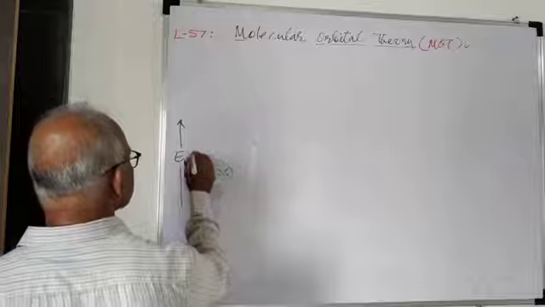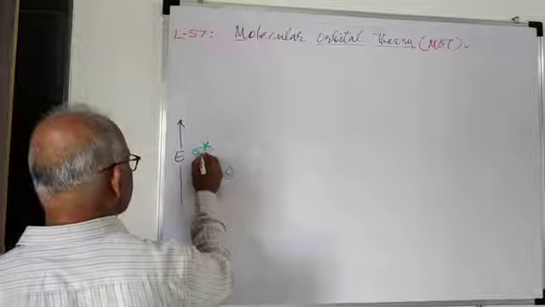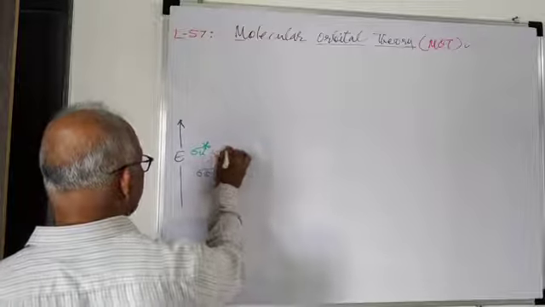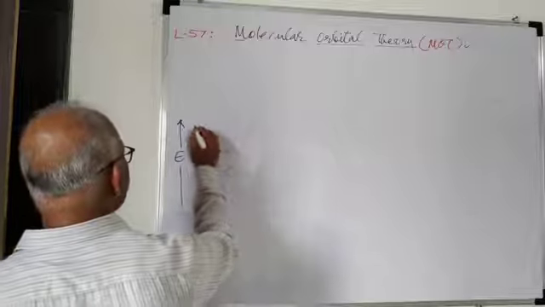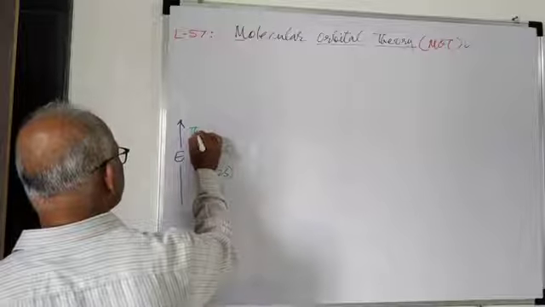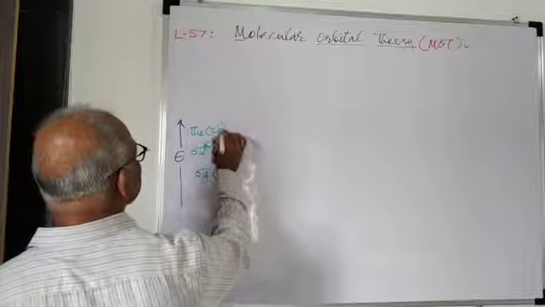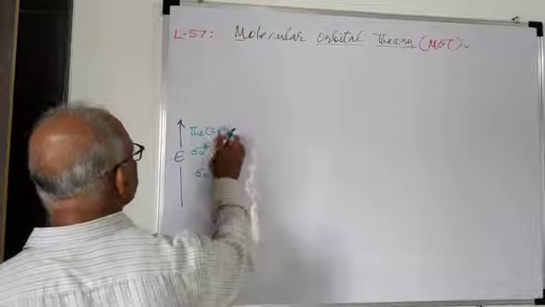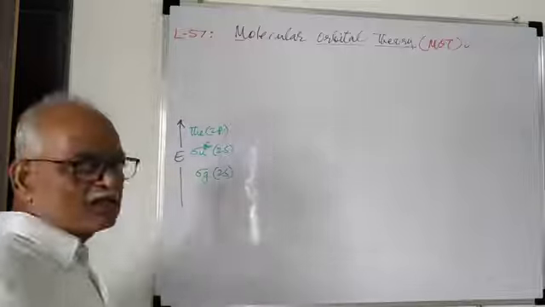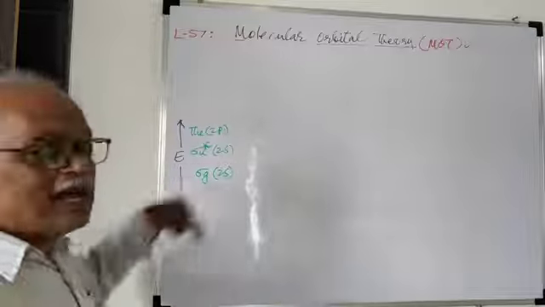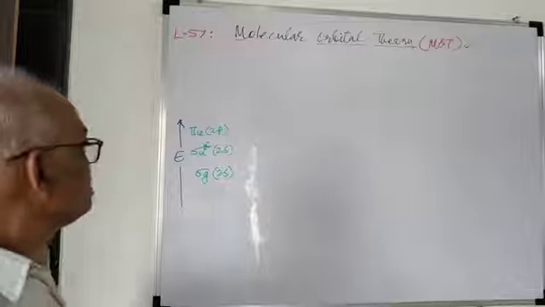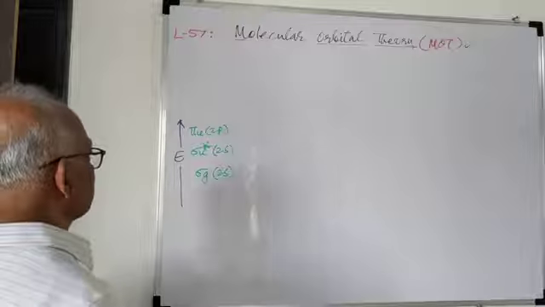Then we will have sigma u star 2s. Then we will have this pi u 2p. There are two such orbitals, pi u 2py and pi u 2px orbitals.